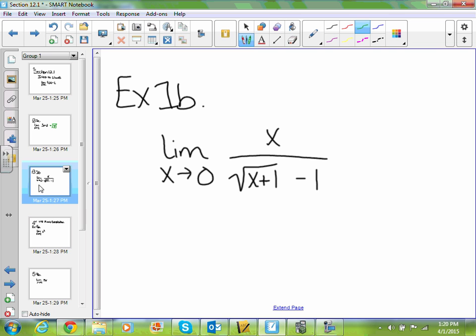Okay, so we'll do the same thing for this function. The limit as x approaches 0 of x divided by the square root of x plus 1 minus 1.